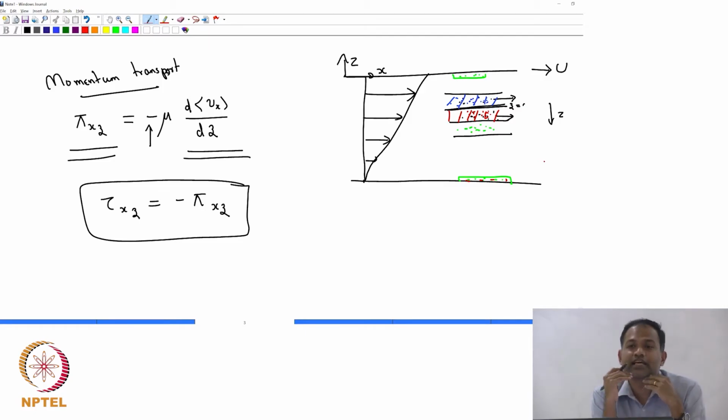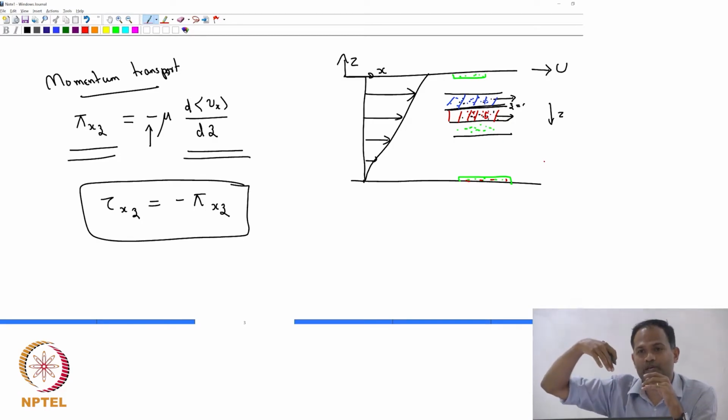I am saying that the effect of the momentum transport is as if to reduce the speed. If you look at it, it is not really reducing it, because there is an equivalent thing coming from the top layer.